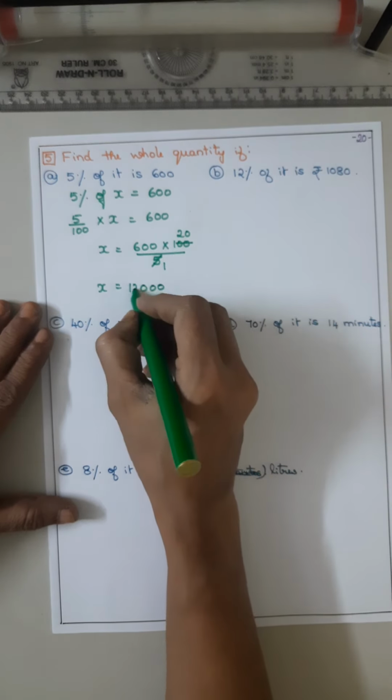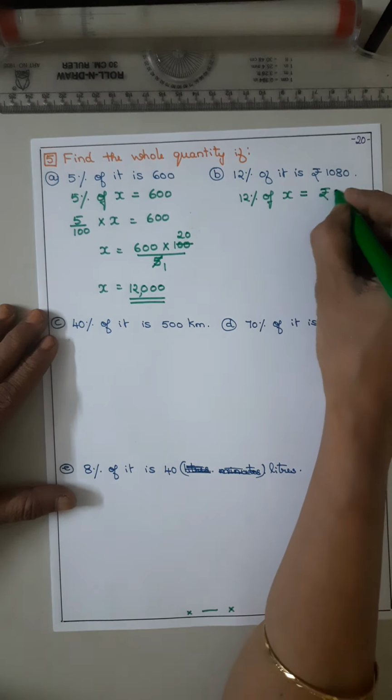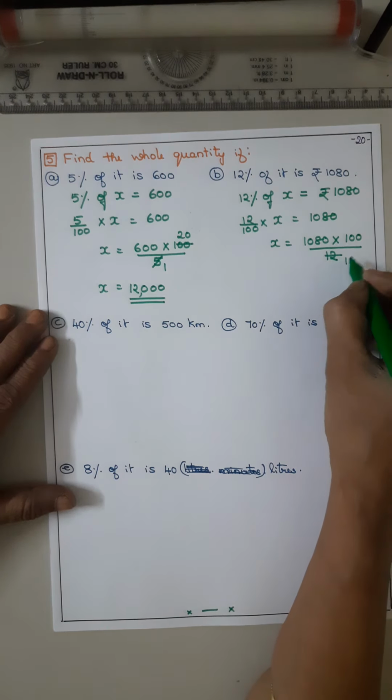Okay. Now coming to question B. 12% of it, means of x, is equal to rupees 1080. Now 12 by 100 of means multiplication, x is equal to 1080. x is equal to 1080 into डिनोमिनेटर का 100 ऊपर, न्यूमरेटर का 12 डिनोमिनेटर में. 12 ones are 12, 9s are 108 and 0.